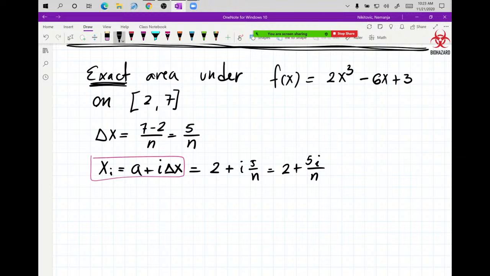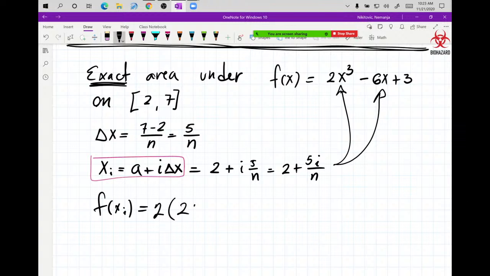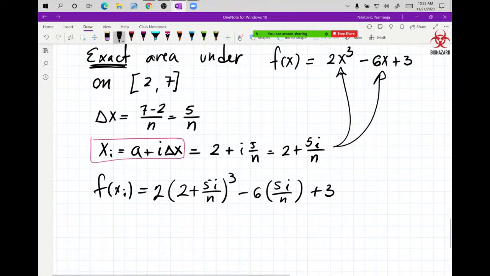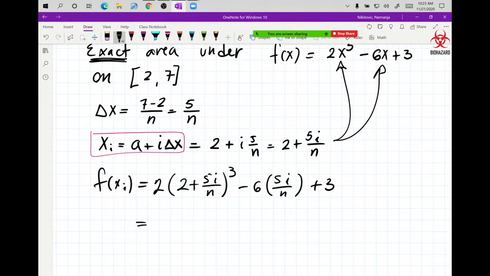And now we need to stick that one in here and in here to come up with our f of xi, because we need that one for our limit formula. Okay, we can do that. It's 2 times (2 plus 5i over n) cubed, we're going to cry there, minus 6 times (2 plus 5i over n), and then plus 3. Hello, algebra.